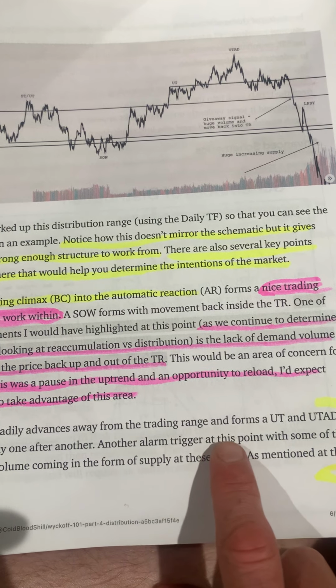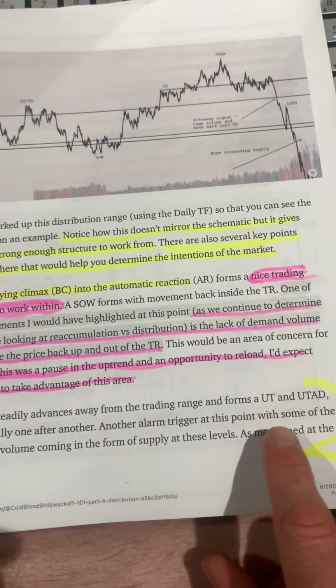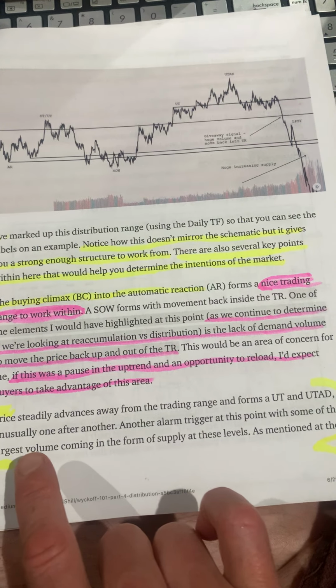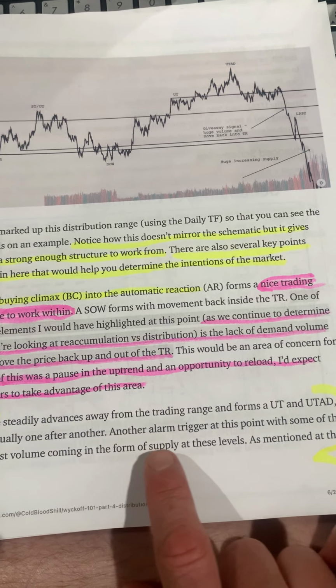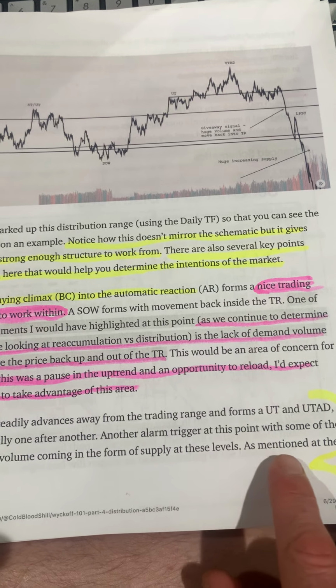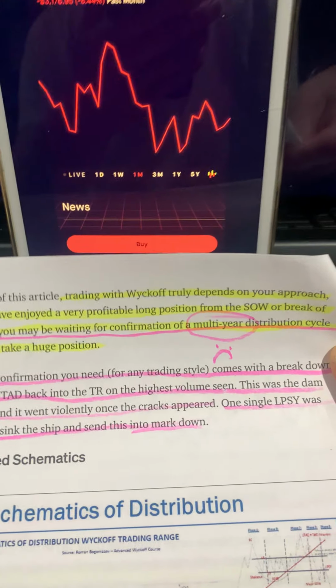Another alarm trigger at this point, with some of the largest volume coming in the form of supply at these levels, as mentioned at the beginning of the article.